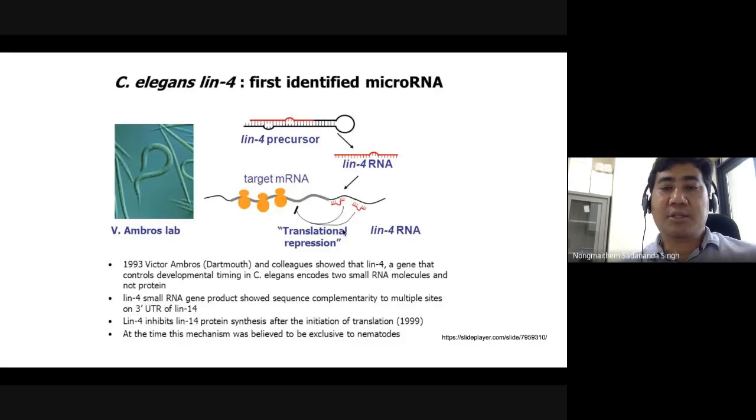When they looked into it, what was seen is that in the lin14 3' UTR, that is the untranslated region of the lin14 mRNA, there are multiple sites complementary to lin4 RNA. So that's how it came up that lin4 is a negative regulator of lin14.